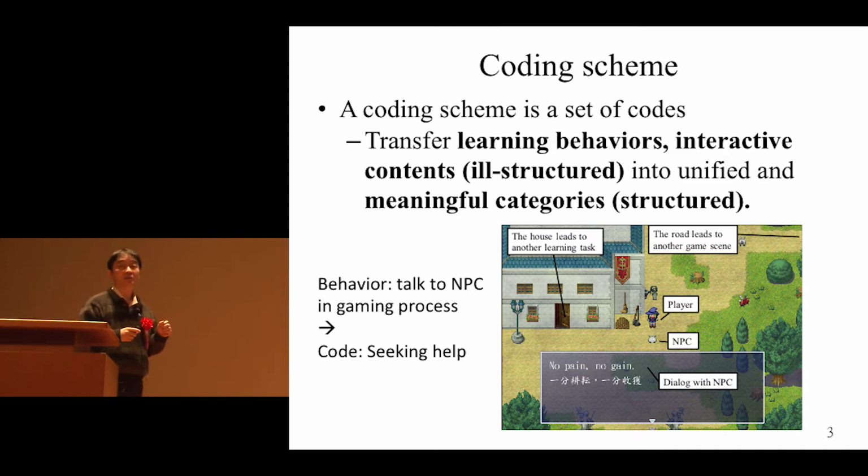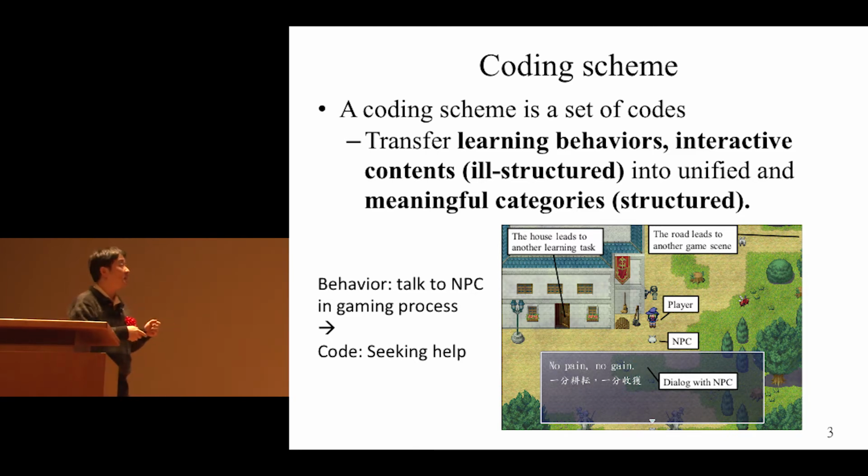For example, when we develop a role-playing game, the learner usually walks in the game. Sometimes there are some NPCs. NPC means non-player character, the character controlled by the computer.